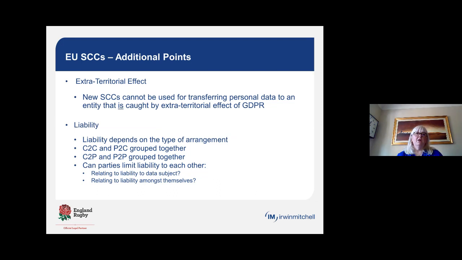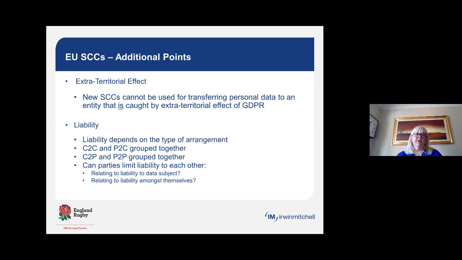One thing to bear in mind is that there is a specific provision in the standard contractual clauses giving data subjects direct rights against the parties to the standard contractual clauses, or certainly most of them, not the ones that apply just between the two parties, but those that affect the data subject. So that needs to be borne in mind, and that there are different provisions relating to the liability between the two parties, the exporter and the importer, depending on what type of relationship it is.